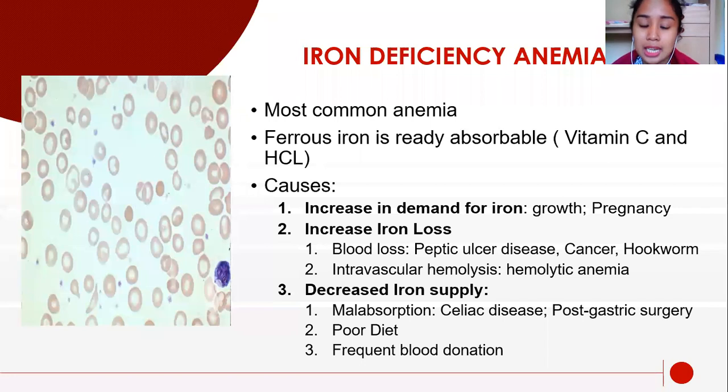So, magsimula na tayo sa iron deficiency anemia class. Meron sa notes nyo na table. Ferrous iron is the one that is readily absorbable. Kailangan niya ng mga assistants to increase its being absorbed in the body. Kailangan niya ng vitamin C at saka hydrochloric acid.